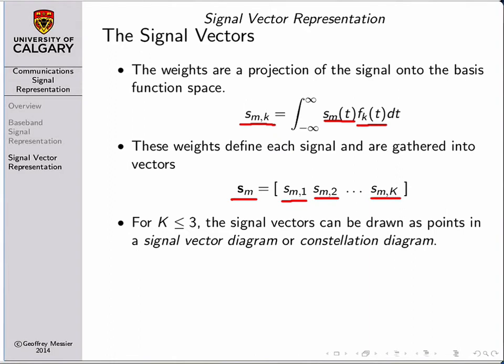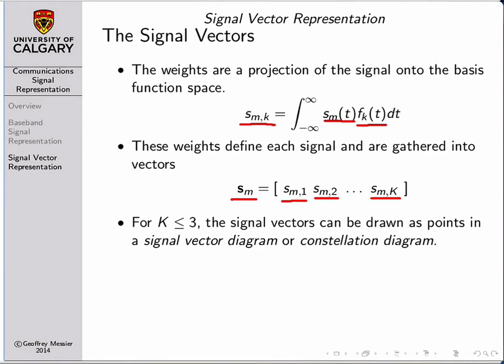And so the dimensionality, or the number of elements in each signal vector, is always equal to the number of basis functions, right? And so if we have a modulation scheme that only has one basis function signal, these are one-dimensional vectors. If we have two basis function signals, if capital K is equal to 2, then we have two values in our signal vector. So that would be a two-dimensional signal. If we have three basis functions, it would be a three-dimensional signal.